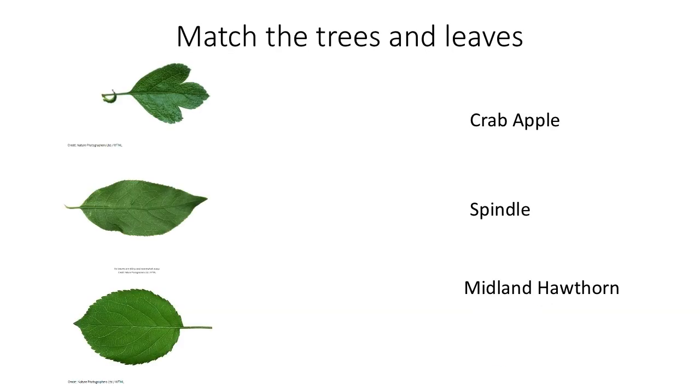Next we're going to try to match the trees and the leaves. So again, I'll give you a moment just to have a look at that. Hopefully you can get the first one, which we just looked at, which is the Midland hawthorn. So we've just got the other two. We've got the middle leaf, shiny and seemingly waxy, fairly dark green.